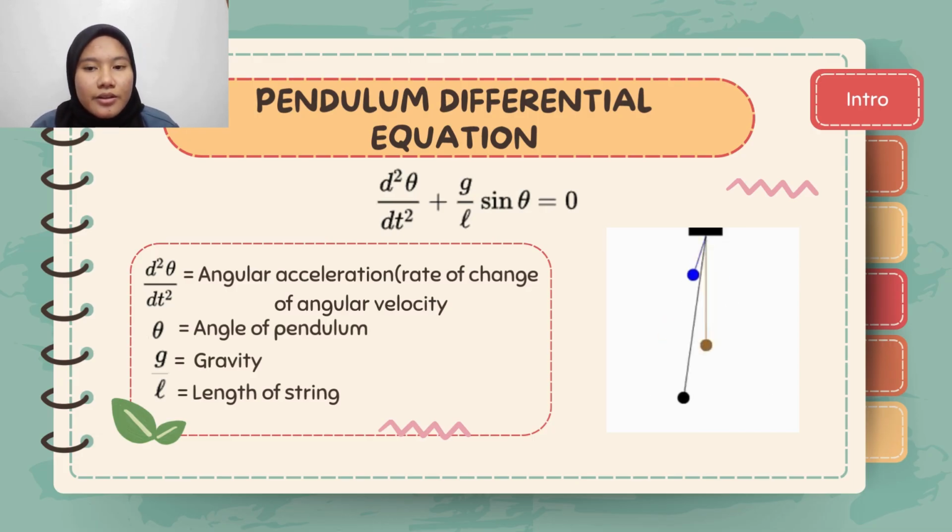So what is meant by d squared theta over dt squared? It is the angular acceleration, which means the rate of change of angular velocity. Theta is the angle of the pendulum, g is gravity, and L is the length of the string.